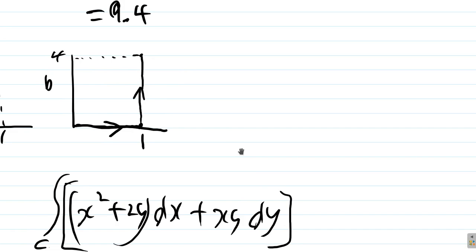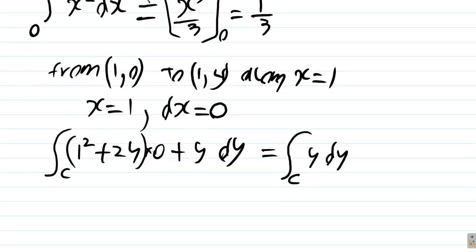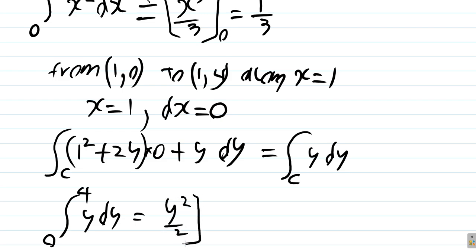You see that? So we integrate from 0 to 4 of y dy. What's the integral? y squared over 2 from 0 to 4.